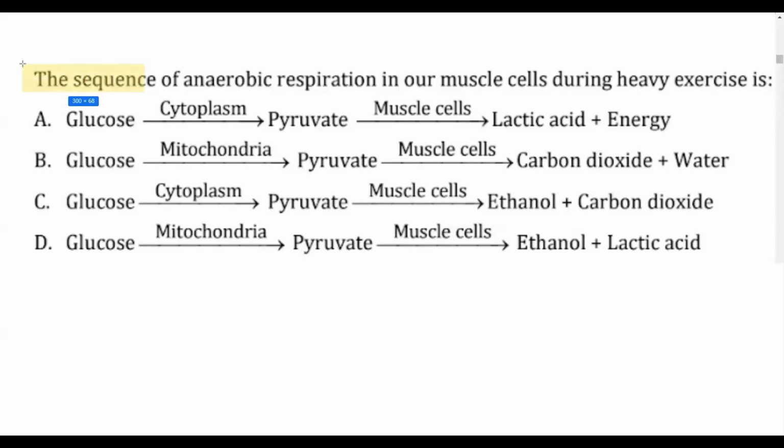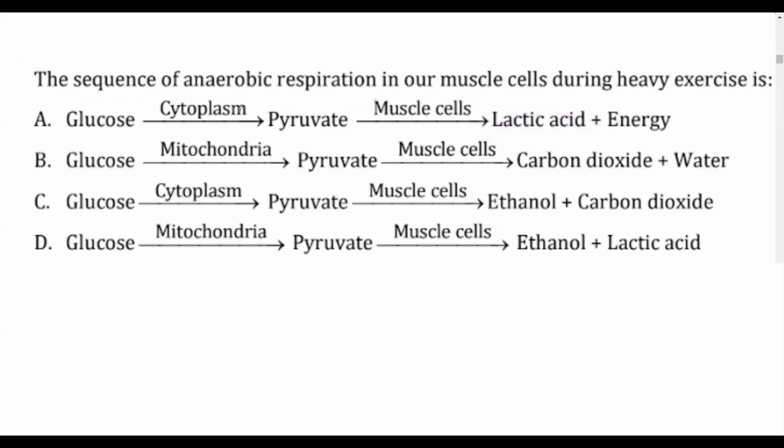The next question is about the sequence of anaerobic respiration in our muscle cells during heavy exercise. Well, most of you know that during heavy exercise, lactic acid is produced, and I can see there is only one option. But let's elaborate and find out whether the other parts are correct or not. Lactic acid is produced.